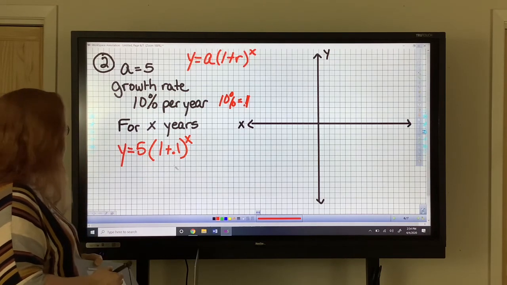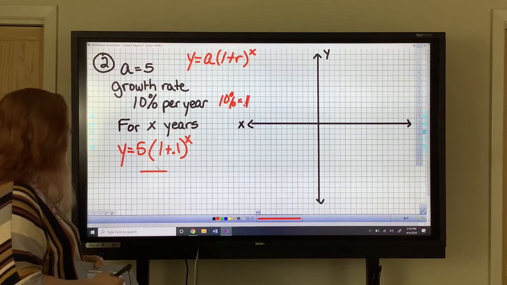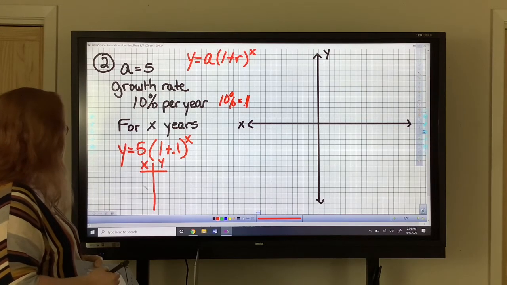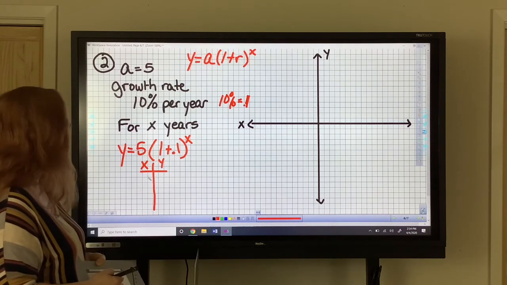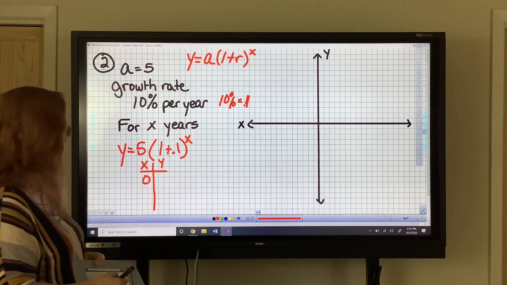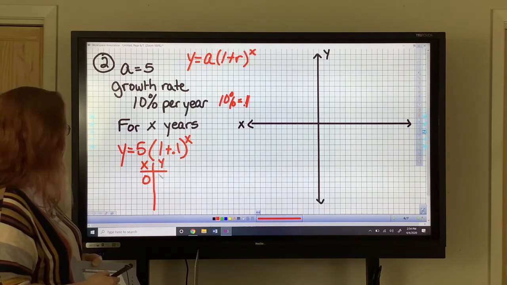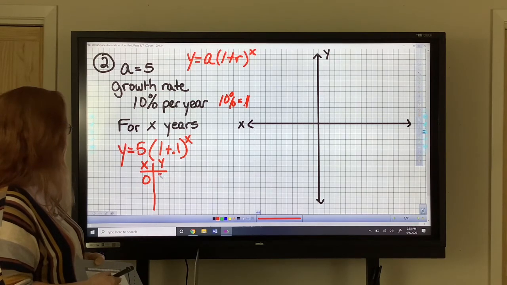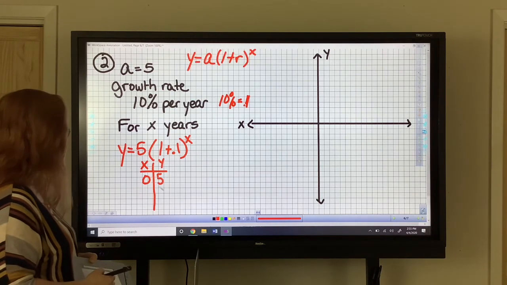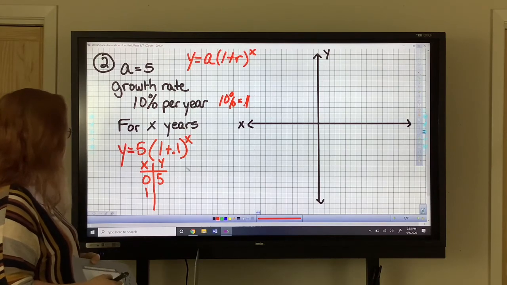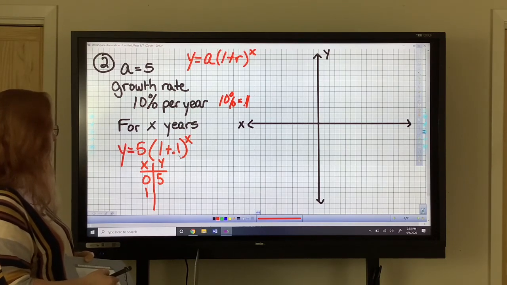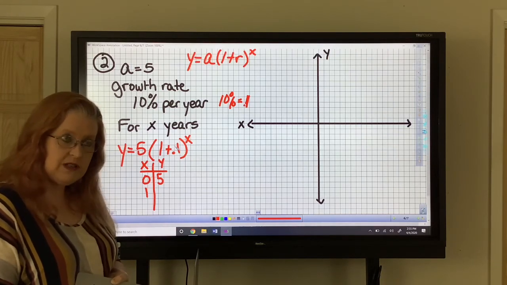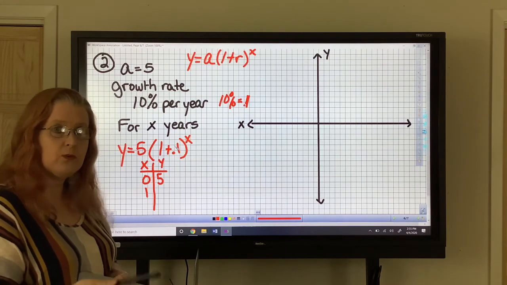And to save us a little time, I went ahead and worked these numbers out because they're not exact. And so let's put in 0. And anything, it doesn't matter what it is, to the 0 power is always 1. And 1 times 5 is 5. If you put in a 1, 1 plus 0.1 is 1.1 to the 1 power.